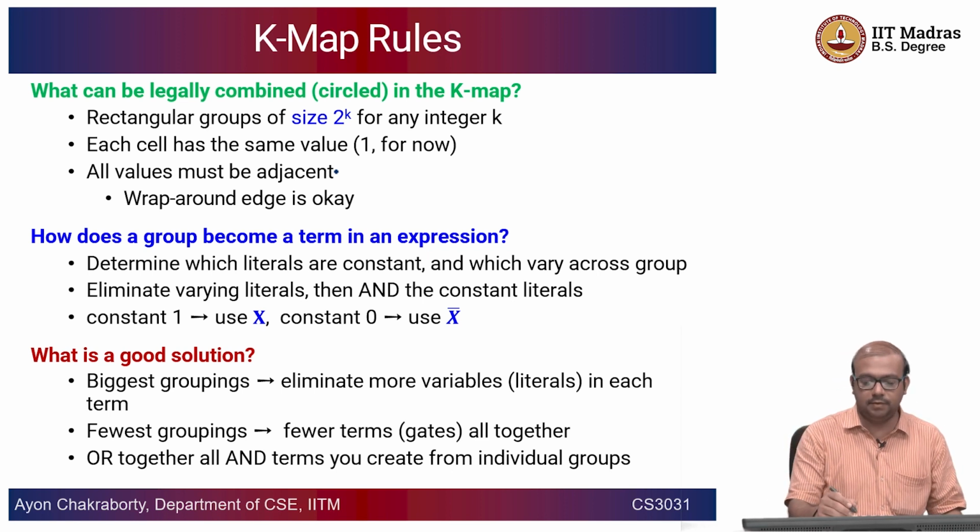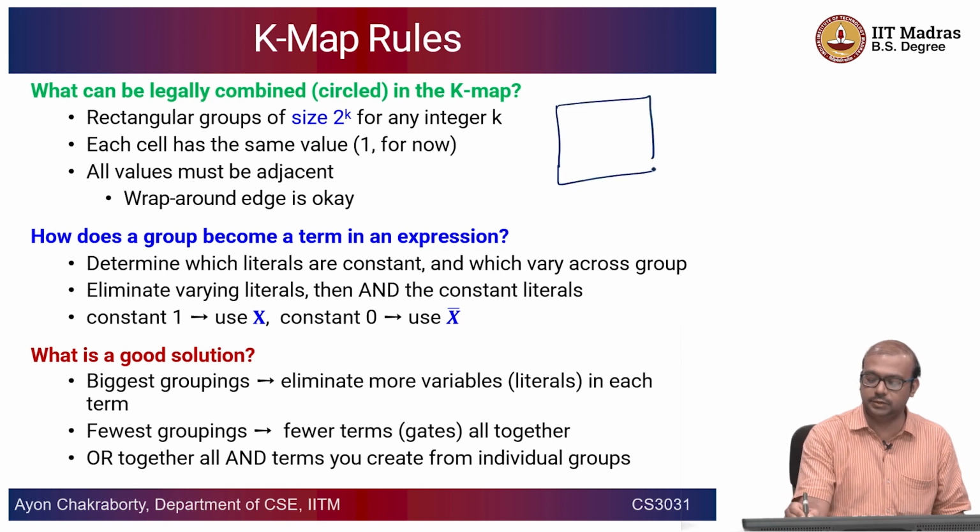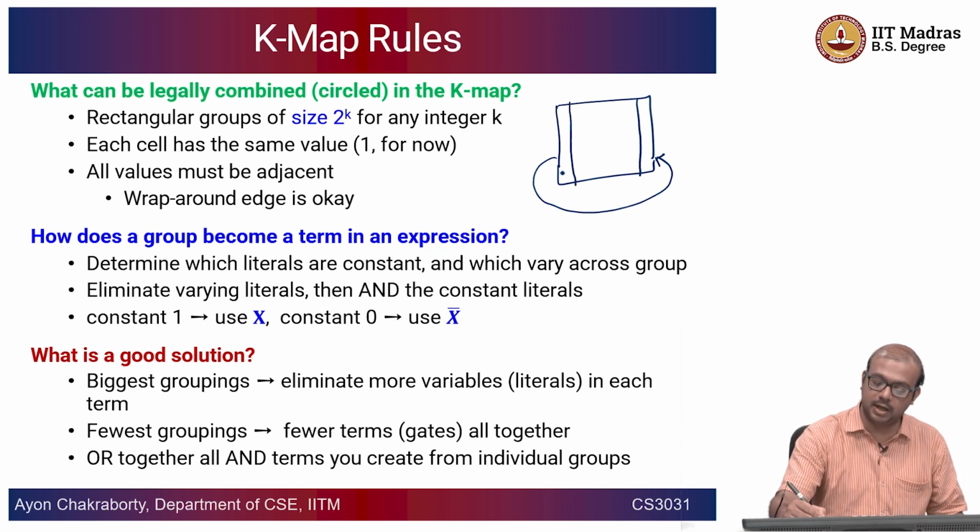And note that all values must be adjacent, apart from the wraparound case, which you may sometimes have. As I told you, there are situations where this part of the map can be considered adjacent to the other side, so this is your column 1 and this is, let's say, your column n, right. So column 1 and column n are also adjacent because of the way we code them in terms of the gray code, the way they are done in case of 2 bits: 0 0, 0 1, 1 1 and 1 0.